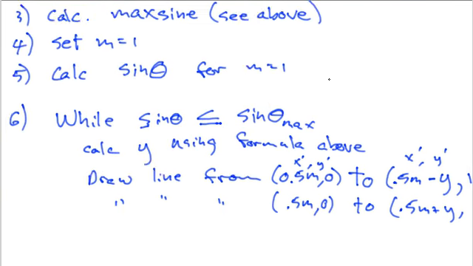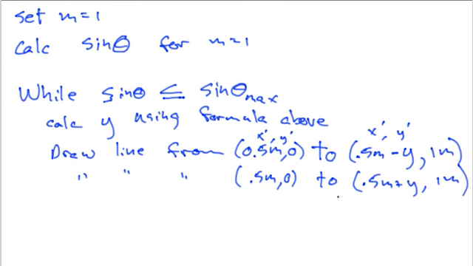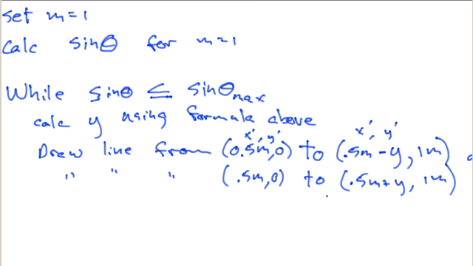So let's make sure I type that in right, because I've got to calculate y using the formula above. Draw a line from x prime, comma y prime is 0.5 meters, 0, to 0.5 meters minus y, comma 1 meter. And from 0.5 meters, comma 0 to 0.5 meters plus y, comma 1 meter. Okay, that looks good.